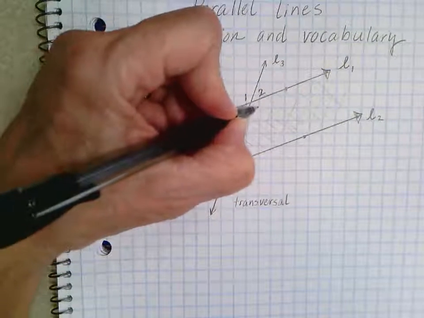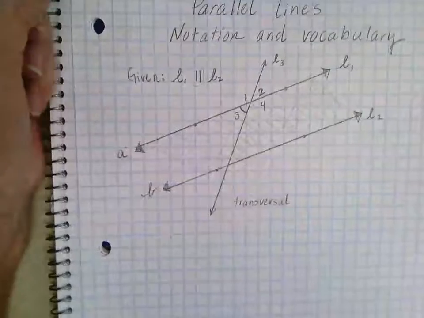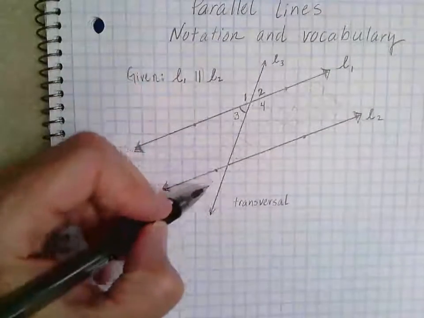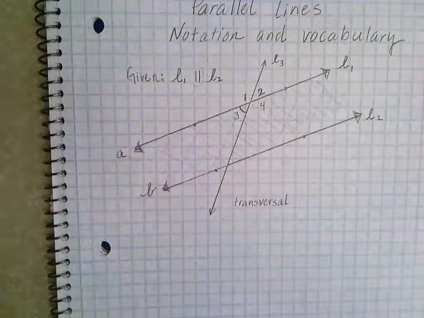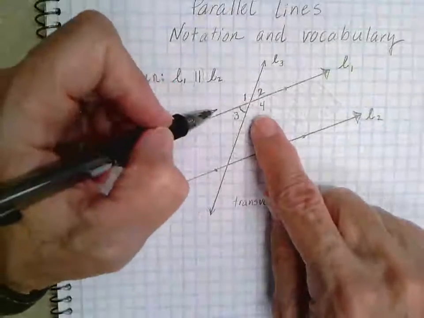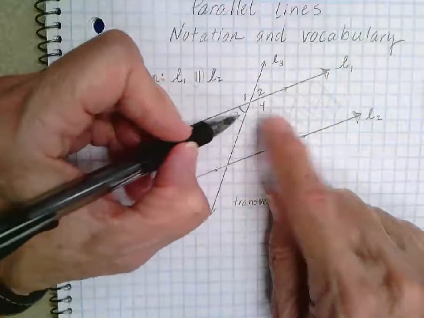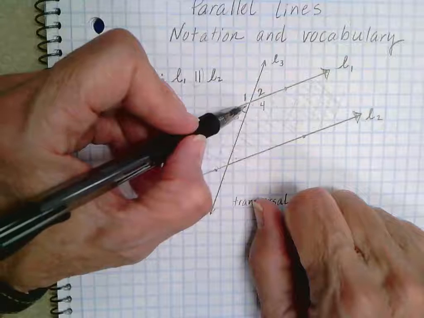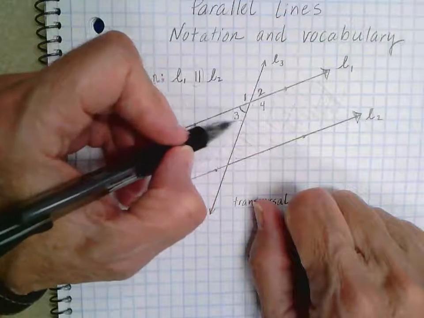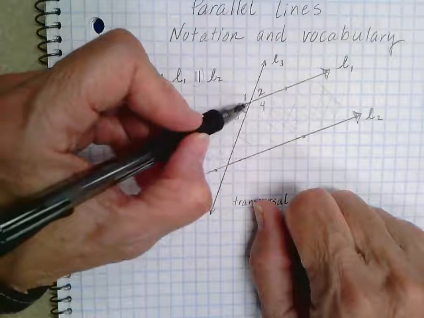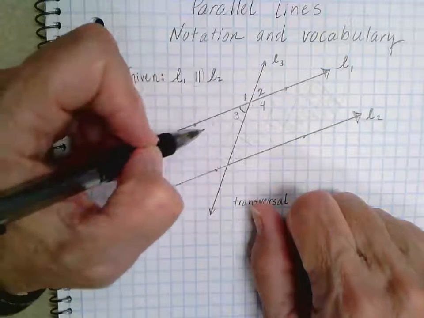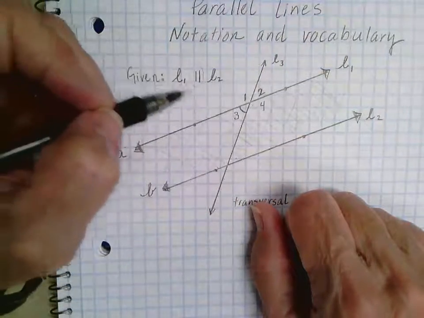They could call this one 4, this one 5, but they also could have put 4 and 5 down here as well. So when you see a little number next to an interior angle, it is going to be referring to the angle that is created by the transversal and one of the two parallel lines.